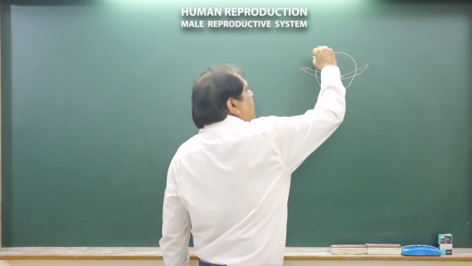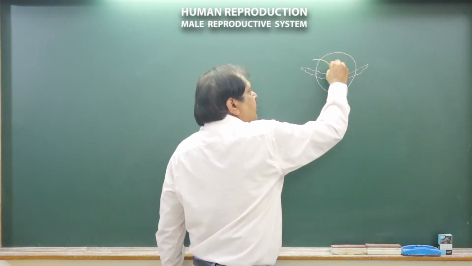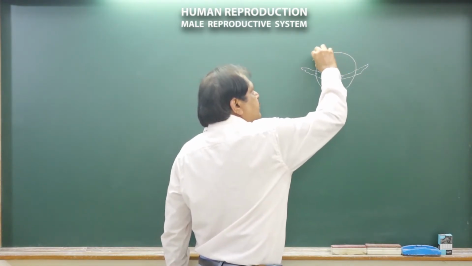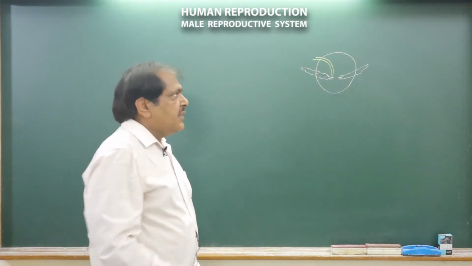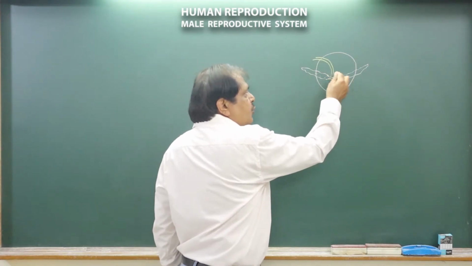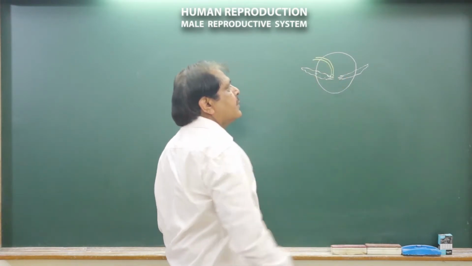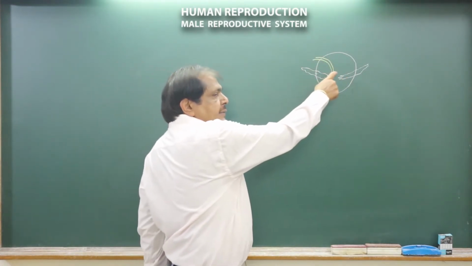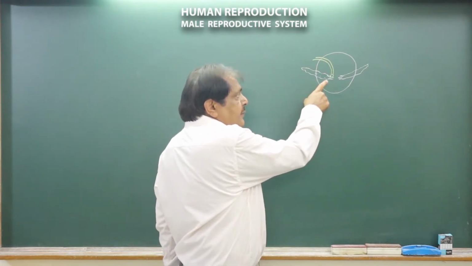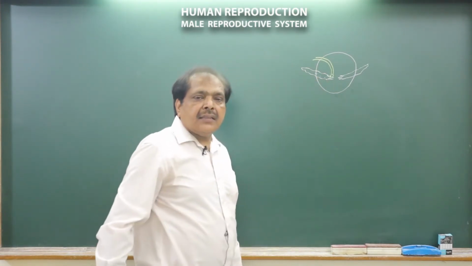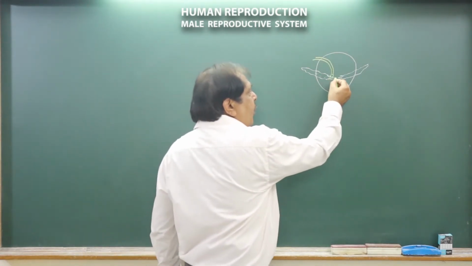Now this is the vas deferens. This is the ampulla, you know it already, ampulla. Now the duct, that is the vas deferens, and the duct of the seminal vesicles, they collectively form this one.